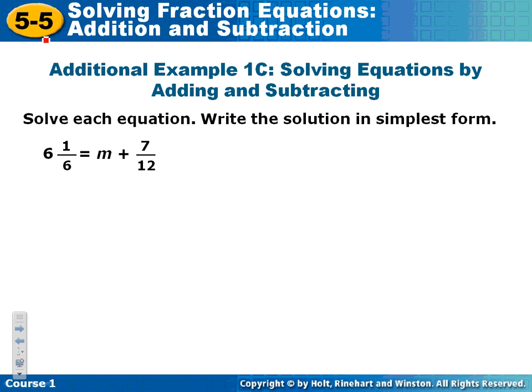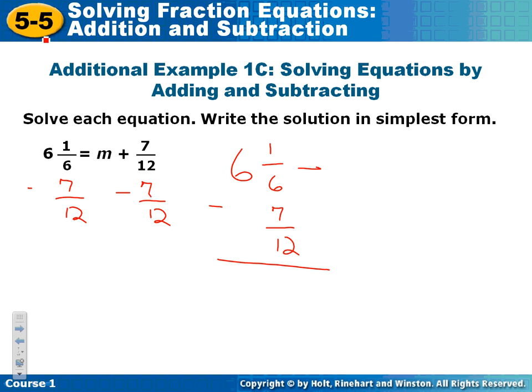For this problem, we have to subtract 7/12 from both sides, minus 7/12. So we have 6 and 1/6 minus 7/12. No common denominator, so this is going to become a 6 and something over 12, times 2 times 2.